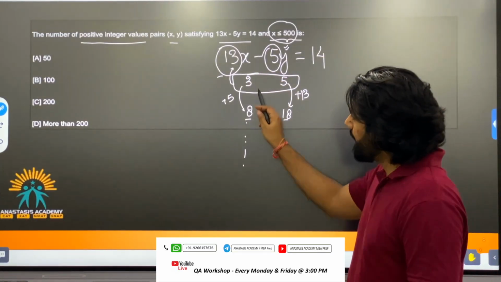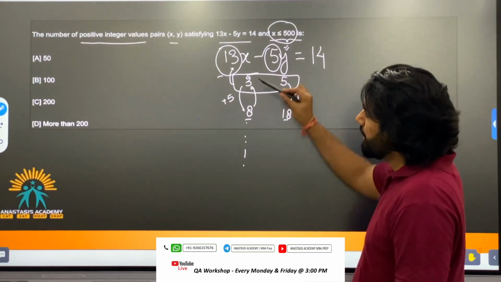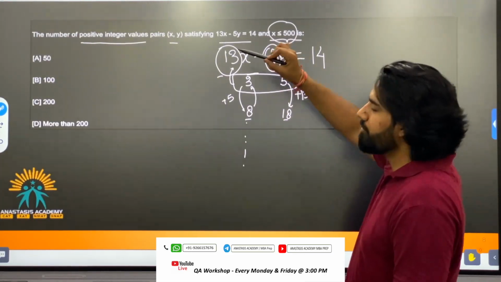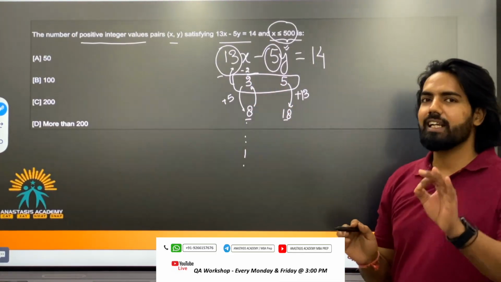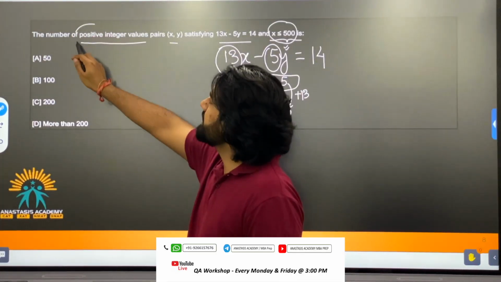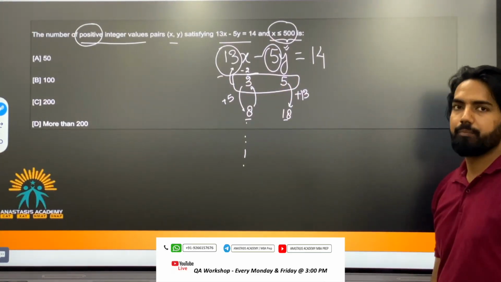If I subtract 5 from this 3, I will get the value of x as minus 2, which is not acceptable because I need positive integer values. So it will be the very first pair.